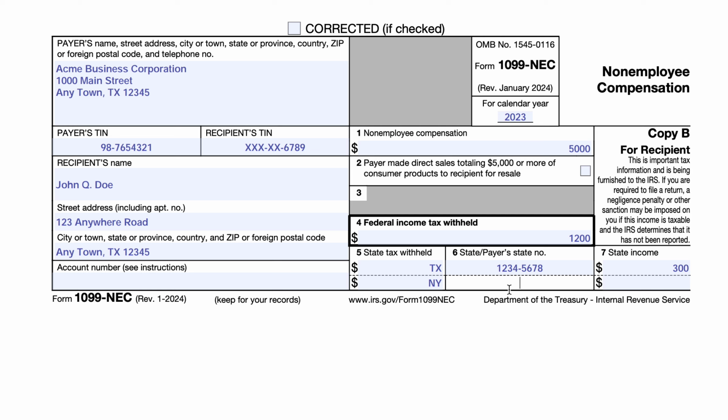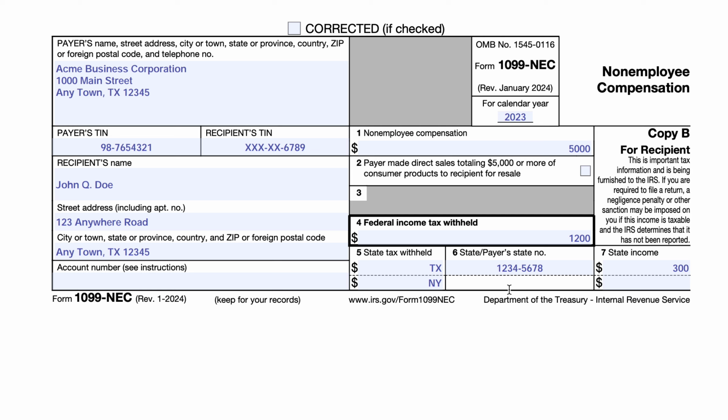So that's IRS Form 1099-NEC in a nutshell. A little bit of background information on why you might be receiving this instead of a Form W-2. But we do cover this in a little bit more detail, including examples of non-employee compensation, examples of what the IRS does not consider to be reportable on this form, and a little bit more detail on some of the other information fields.